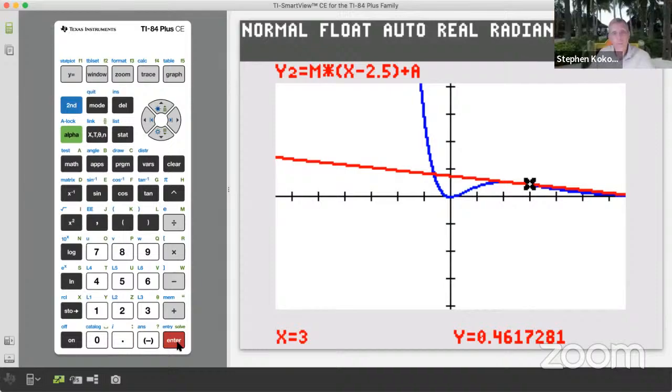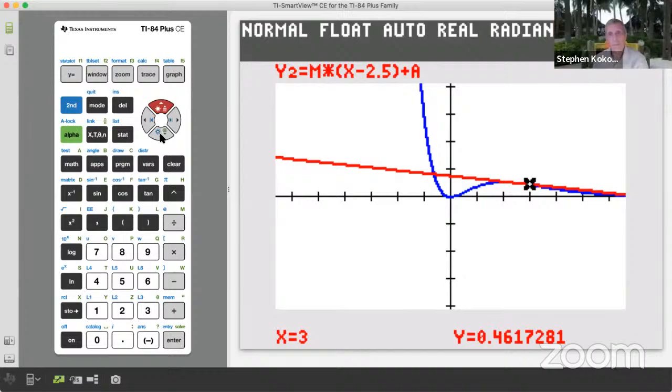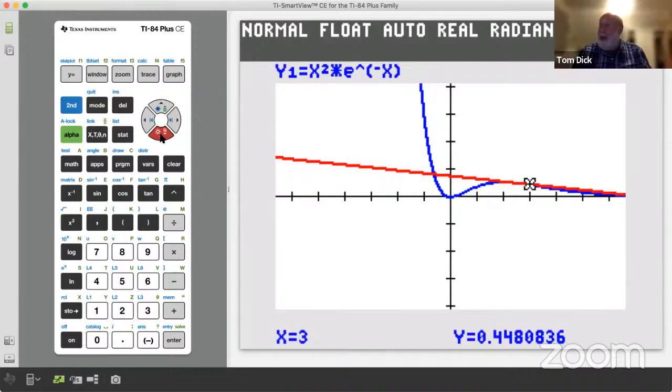But if I just up or down arrow, I'm going to see what the actual function value is. And I can see that that's a little bit less. And if I forgot what it was, I can just go back and forth. There's 0.461 something. That's the tangent line approximation, and this is the actual value. So just by comparing those two values, we could say that the tangent line approximation is an overestimate.